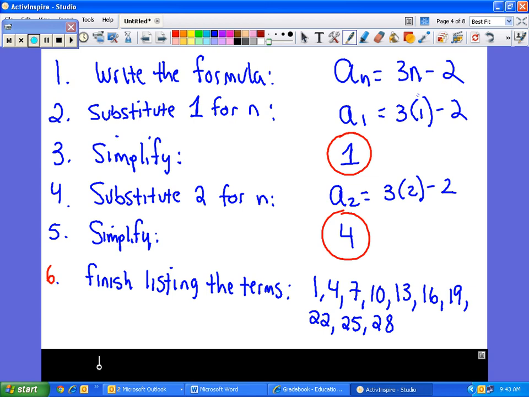As a matter of fact, the book even suggests creating a table to organize your work. I don't necessarily think it's necessary, but some of you could use organizational skills. And that's how you do it. So you're given the formula and you are creating the sequence.